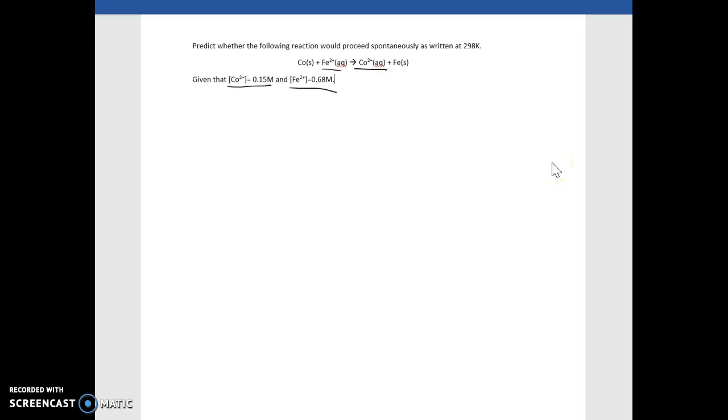And since it's not at standard conditions, we're going to have to use the Nernst equation, which is the non-standard EMF is equal to the standard EMF minus the constant 0.0257 volts over the moles times the ln of Q.